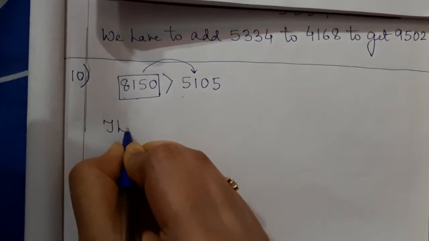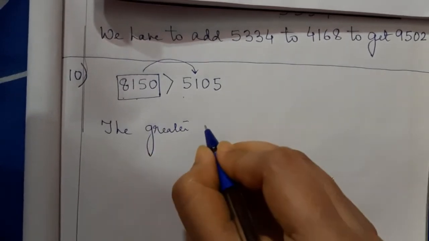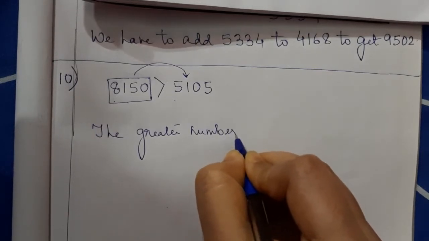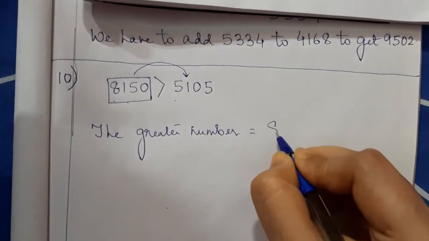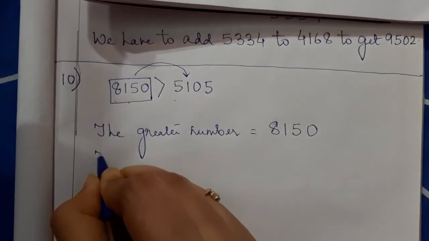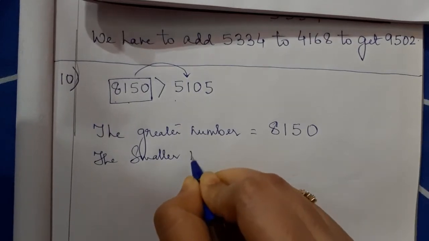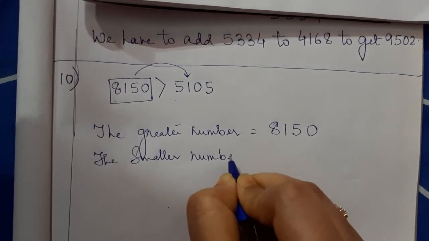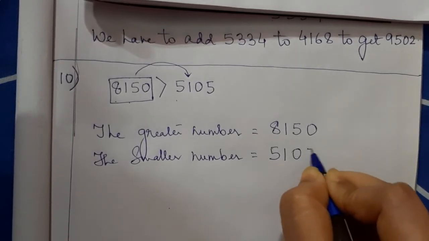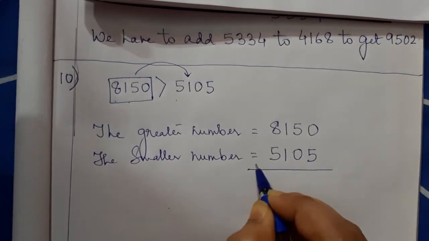The greater number is equal to 8150. The smaller number is equal to 5105. So we have to do the subtraction.